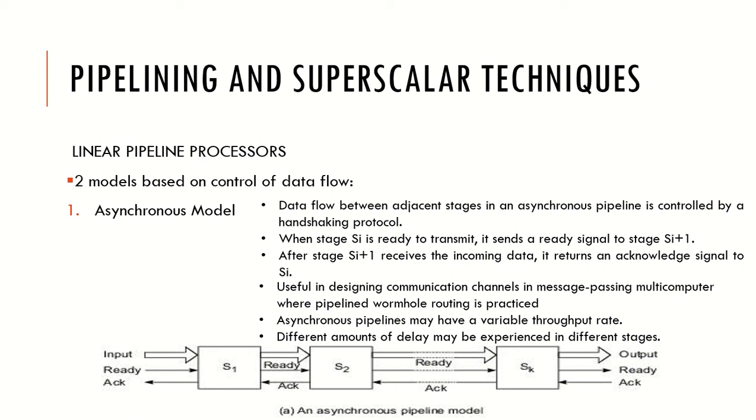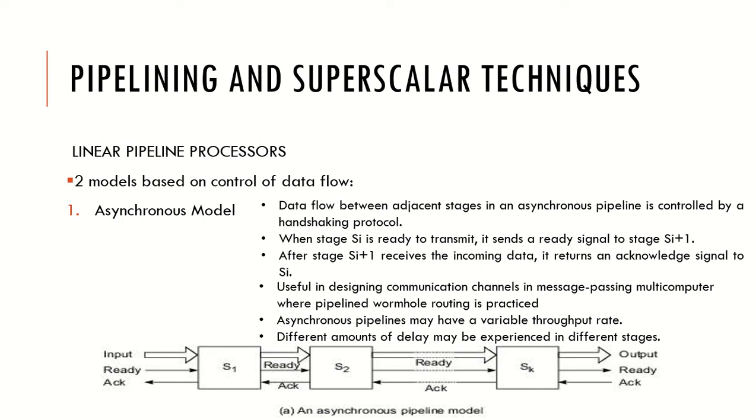Even in the case of a non-linear pipeline, it also has these asynchronous and synchronous models. When the stage Si is ready to transmit, it sends a ready signal to Si plus 1. When Si plus 1 is ready to receive, it will send back the acknowledgement signal. This is useful in designing the communication channels in message passing multicomputers, where we practice pipelined wormhole routing.